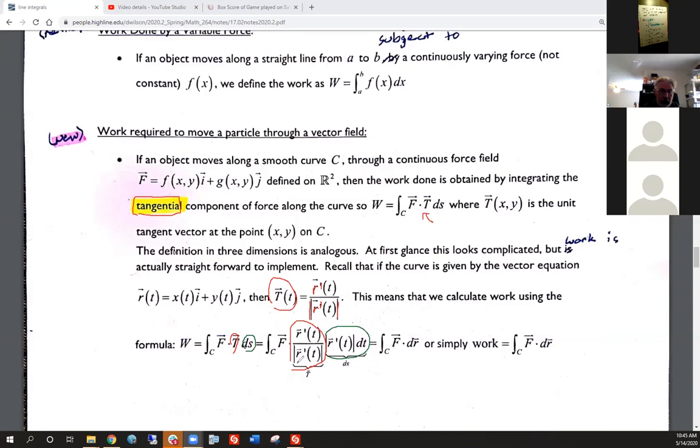Good news: the magnitude of r prime of t is in the denominator and the numerator, so you're left with F dotted, don't miss that dot, with r prime dt.